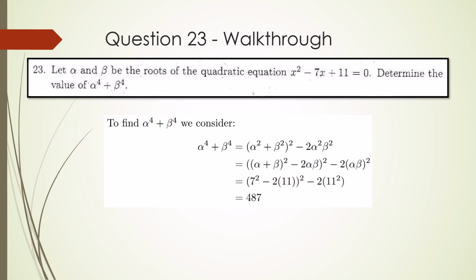So notice that alpha squared plus beta squared, all squared, is alpha to the 4 plus beta to the 4 plus 2 alpha squared beta squared. So you subtract away the final term, and then you just end up with the alpha to the 4 plus beta to the 4. For the inner term, you can essentially do the same idea again, and then you end up with the expression that's completely filled with alpha plus beta and alpha times beta, both of which you have the numerical values for. Then you plug it in, and you get your answer.